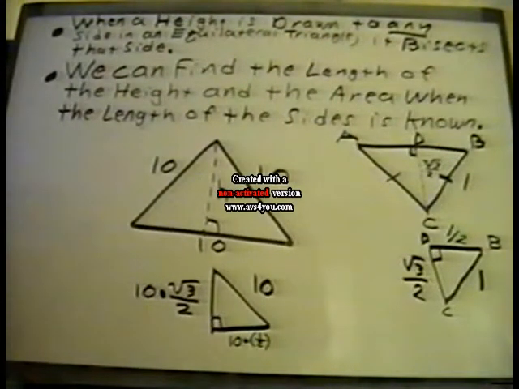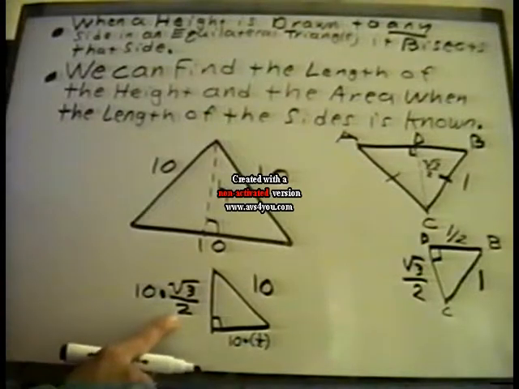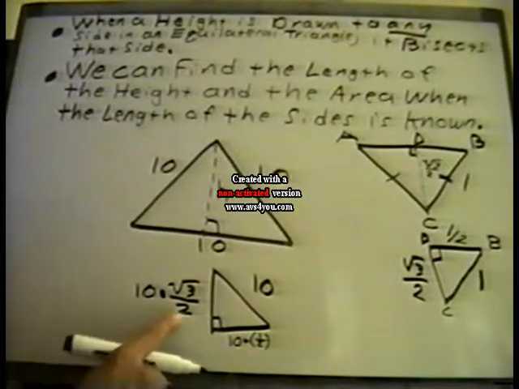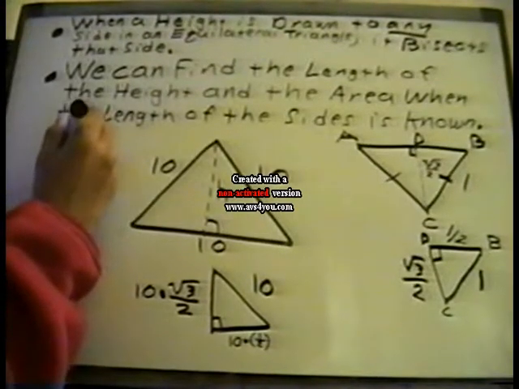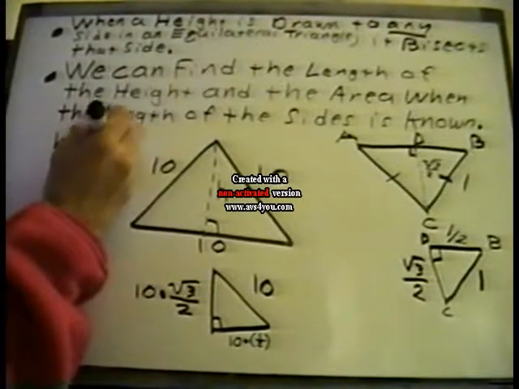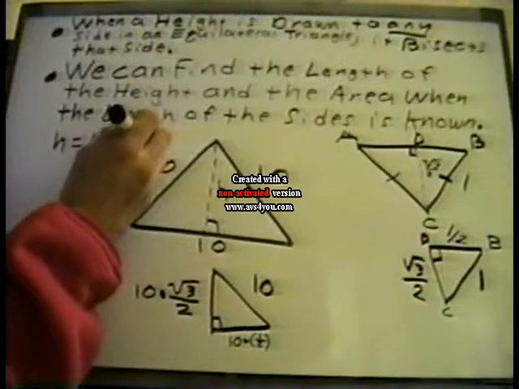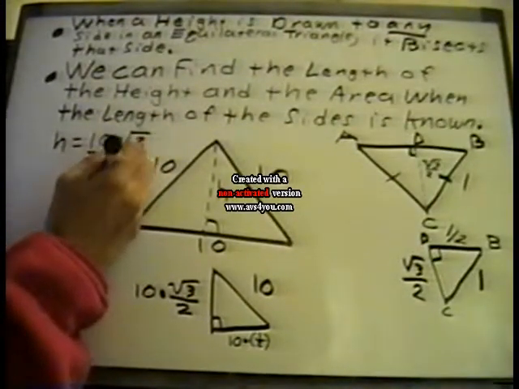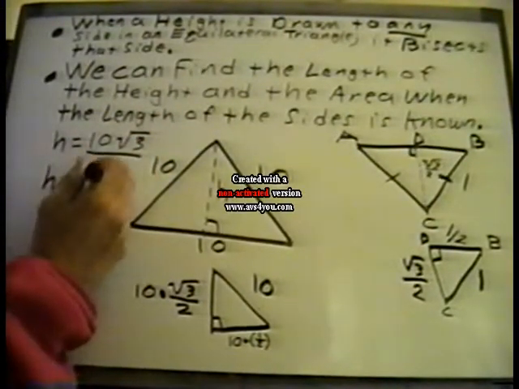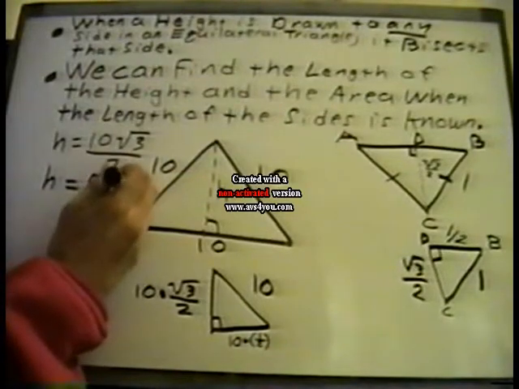So here we can find our value for the height, h. So we say h is equal to 10 square roots of 3 over 2, or h is 5 square roots of 3.